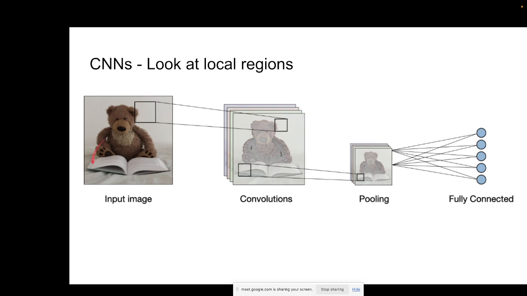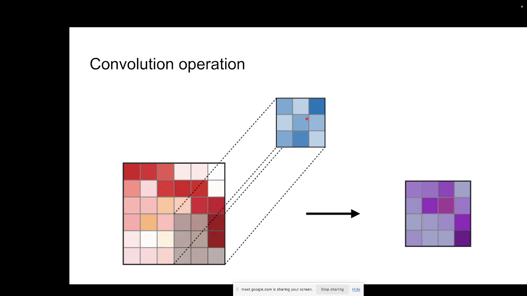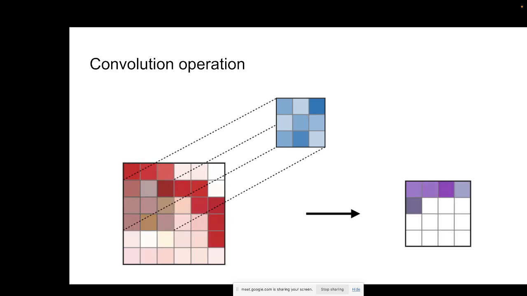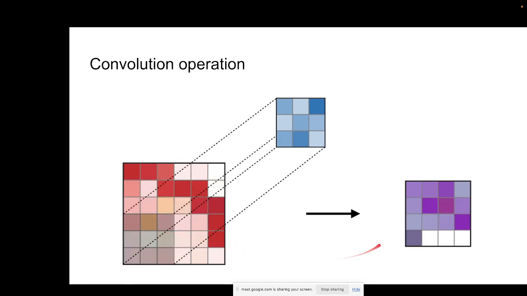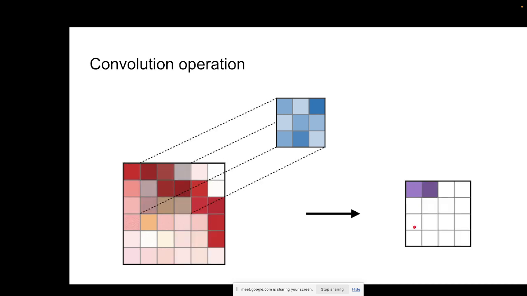For example, I was talking about feet, so this small kernel might look at properties in the image that are looking for feet. If it finds something like a foot in the image, the corresponding value here is going to be very high.